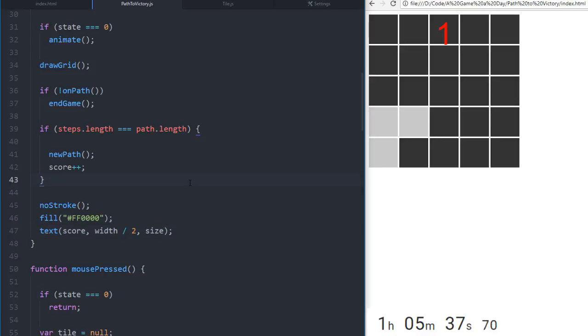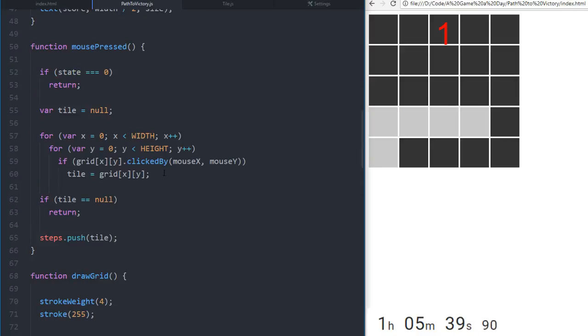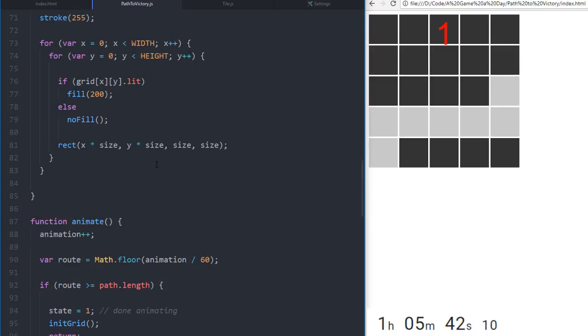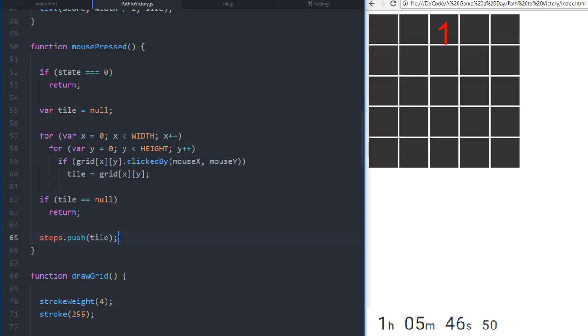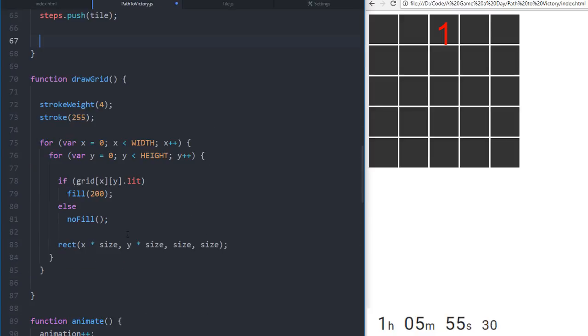Haha. One thing I forgot to do is push to the grid. So when they push a new tile, we need to then push it to the grid.